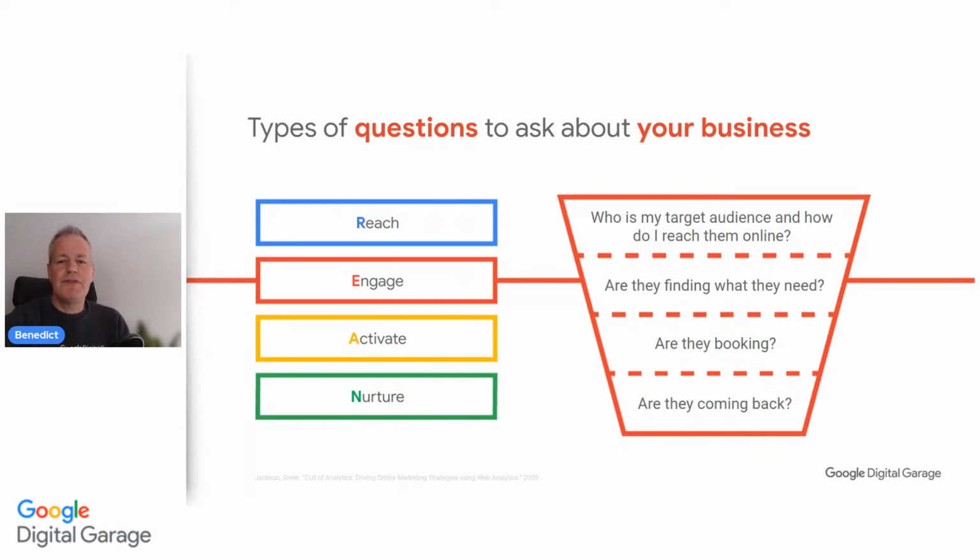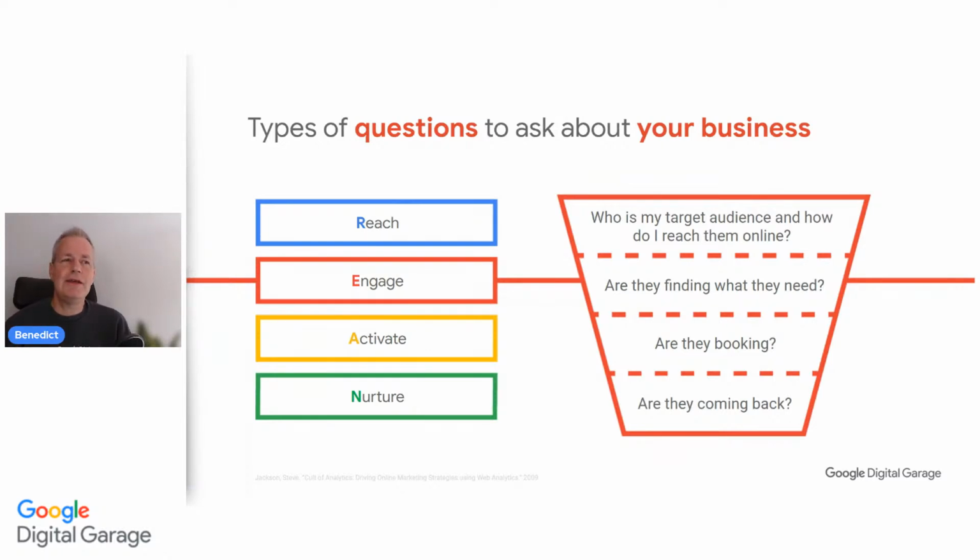So if we have a look at the different things, reach: who is my target audience and how do I reach them online? When you are reaching out to people and getting more and more customers and clients who are actually seeing your website and finding out about you, then you're at that stage of reach. Then when they actually get to the website, there's engage.